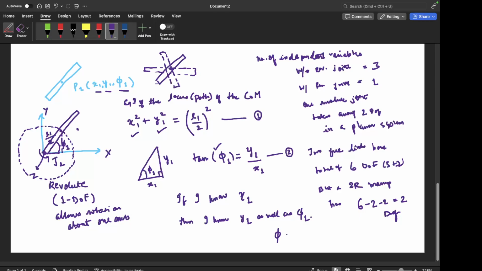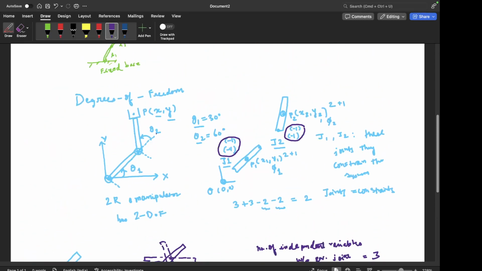Phi1 and phi2, because these are revolute joints, that is, they describe rotation. So it's convenient to describe that, as I discussed here, the first joint angle is 30 degrees, the second joint angle is 60 degrees, and once you specify 30 degrees and 60 degrees, then everything else is known.